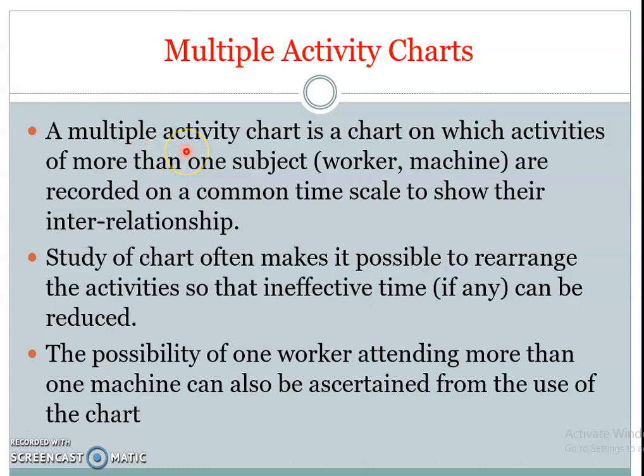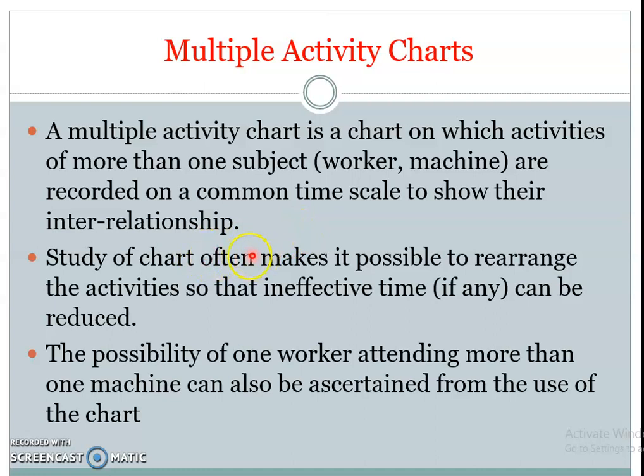The multiple activity chart is a chart where more than one subject is recorded on a common time scale to show their interrelationship. You can say the operator-machine relationship can be shown with the help of these charts.